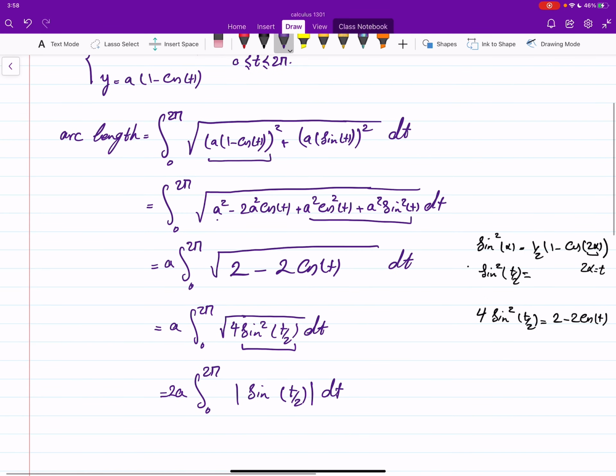What happens here is that you notice that if you draw the sketch of sine of t over 2, it will go from 0 to 2 pi and then go down.